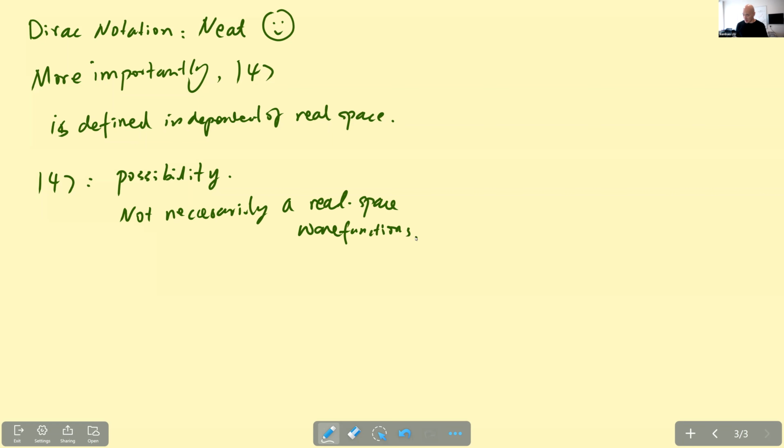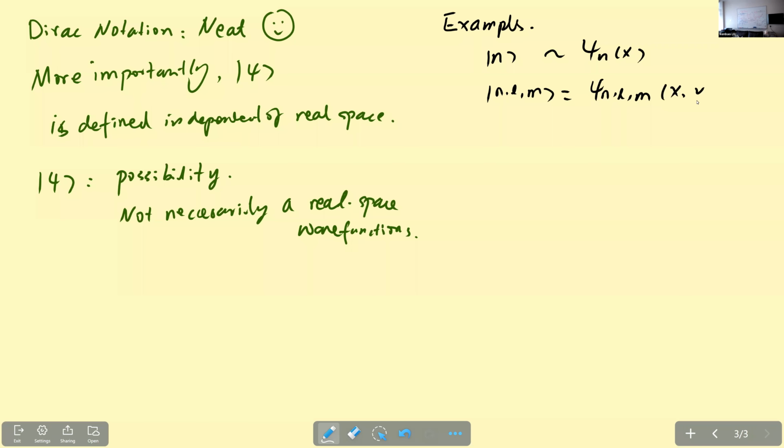Let me give you a few examples. Of course this one, |m⟩ = ψ_m(x), you have known this one. This is fine, right? But we can also have a state that has a three-dimensional function. You can say |m l m⟩ equals ψ_mlm(x, y, z).